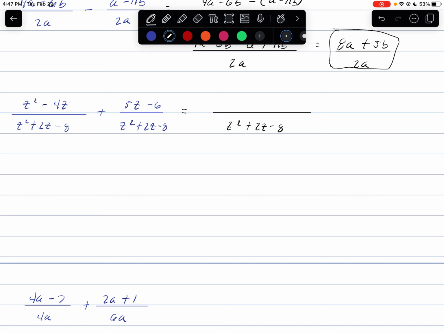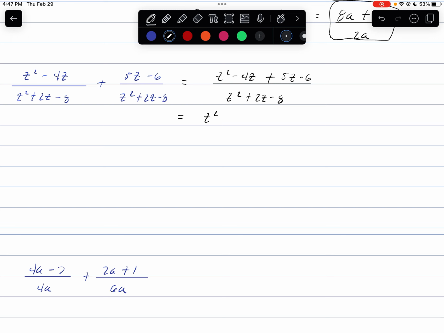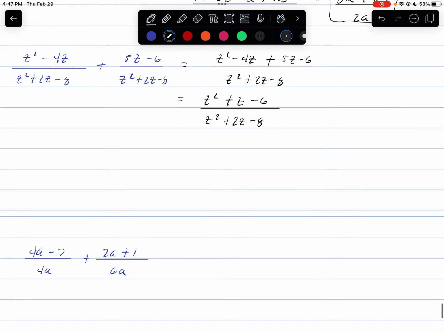Now we have z squared minus 4z, and then we have plus 5z minus 6. If we combine like terms, we end up with z squared minus 4z plus 5z, so that's plus z minus 6, over z squared plus 2z minus 8.